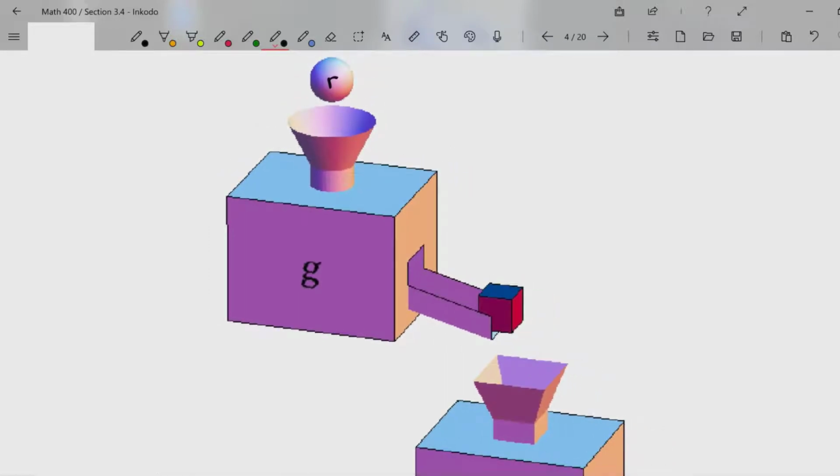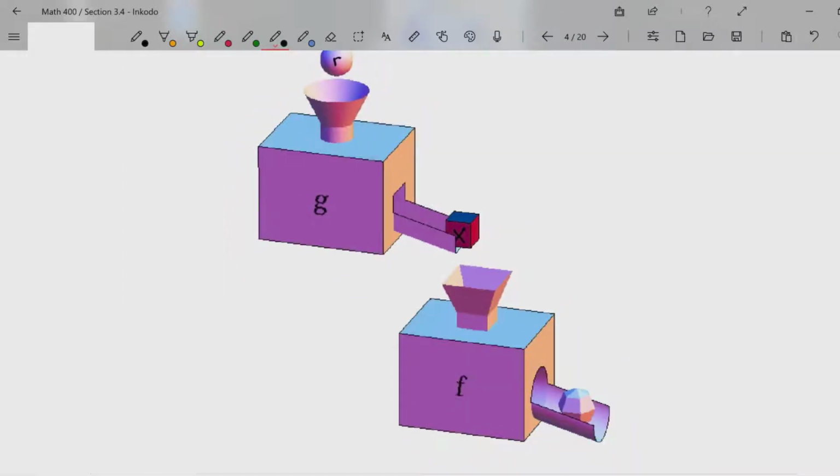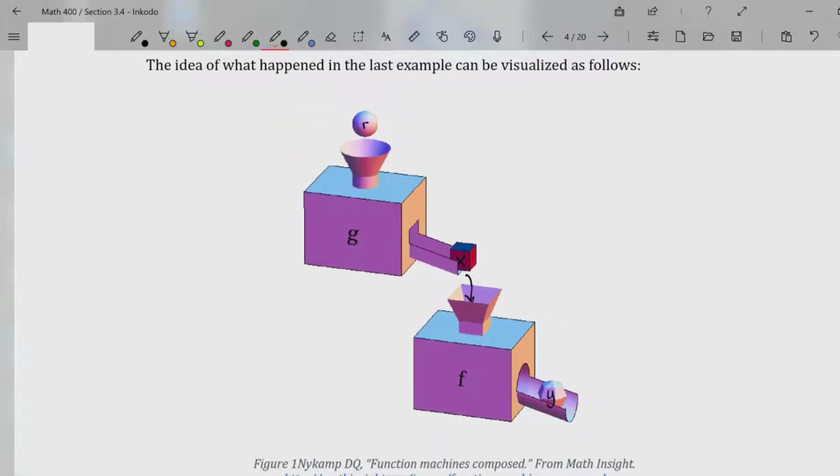Let's say that value that pops out is x. Now you're going to take that x and plug it into the function f and get out some value of y. That's the basic idea of a composition, right?